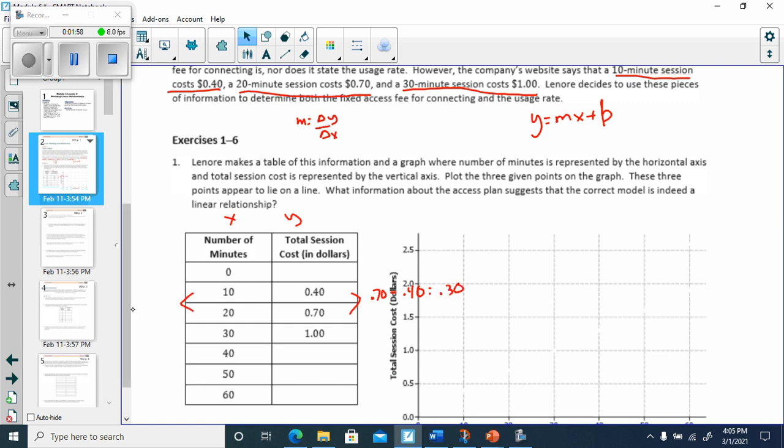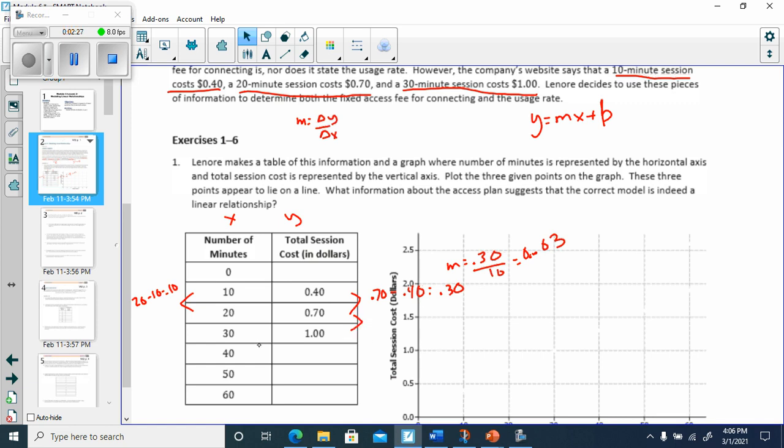And over here, we've got 20 minus 10, which gives us 10. So this m would be 0.30 over 10. If you divide that, you wind up with 0.03, and that would be in dollars per minute, right? Or in other words, 3 cents per minute.